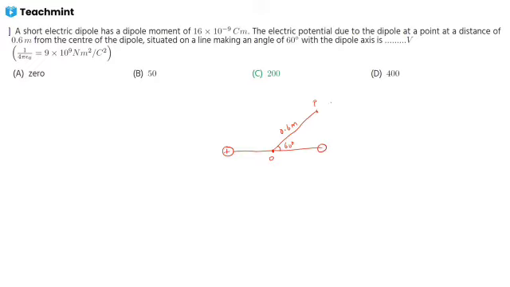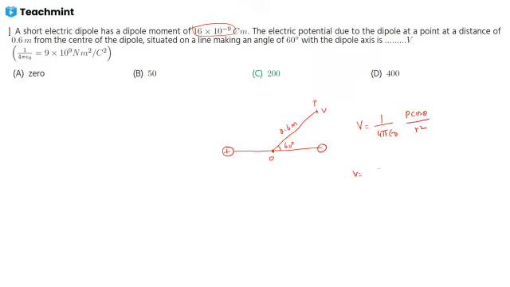they are asking us to find out the electric potential here, and dipole moment is also given as 16 into 10 power minus 9. So this question is based on the concept of electric potential due to a dipole at any point. What is the formula? V is equal to 1 by 4 pi epsilon naught P cos theta by R square.